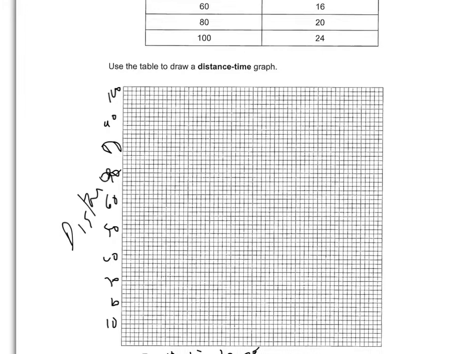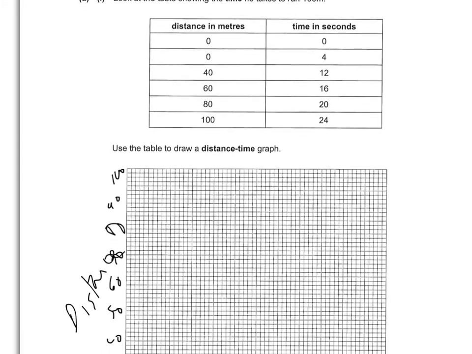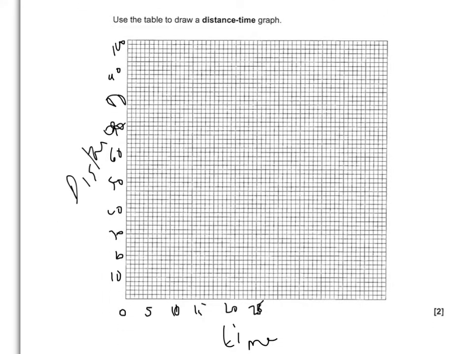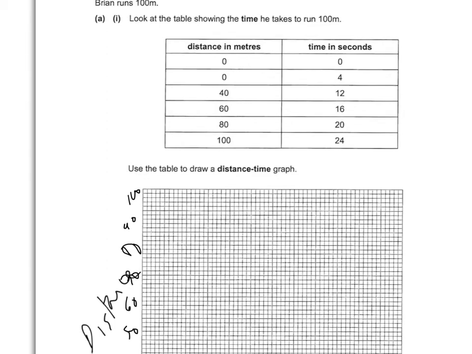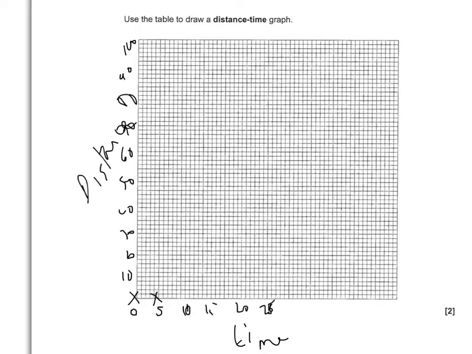And then plot your points. So you've got 0 and 0, and then 4 and 0. And then 40 and 12.